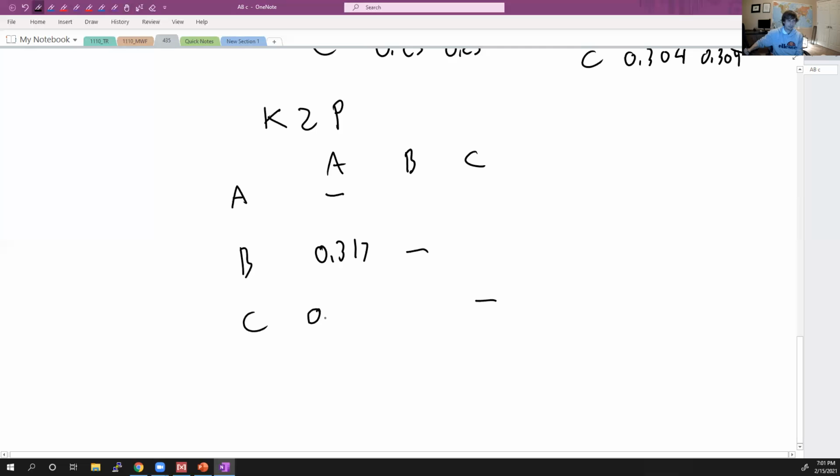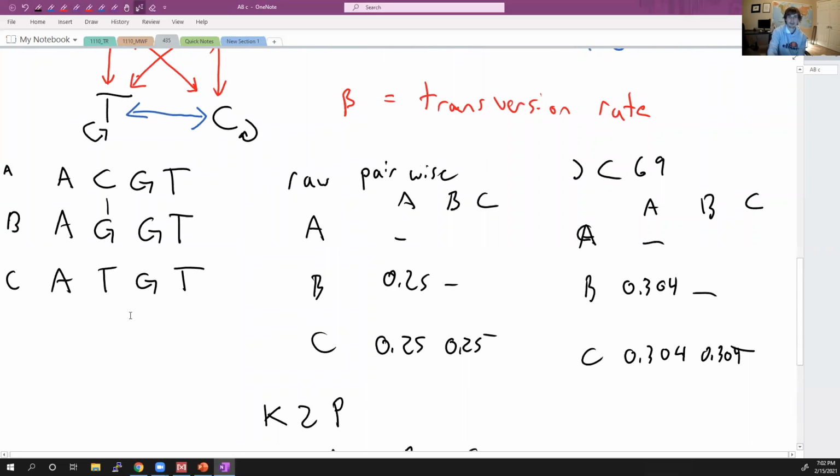A to C is going to be 0.347. So that's going to be a greater distance. And B to C is going to be 0.317. And so now under a K2P model, A and C are more diverged. Because when we're looking at this second base, this is the only thing that's changing.